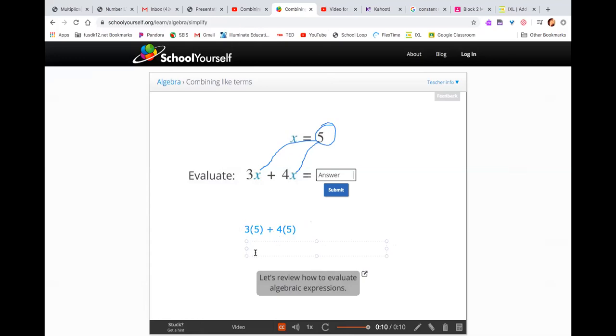Three times 5 is 15. Okay, and 4 times 5 is 20. Okay. And then what's 15 plus 20?